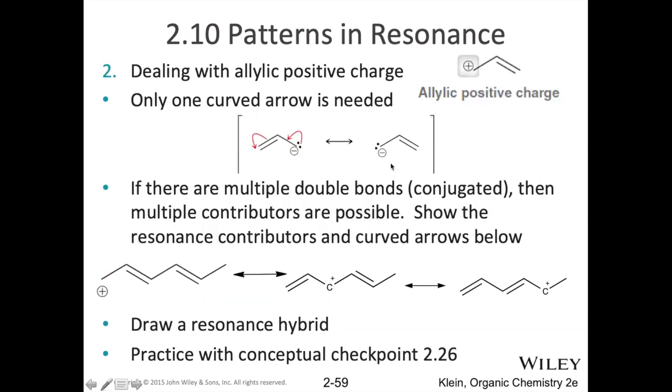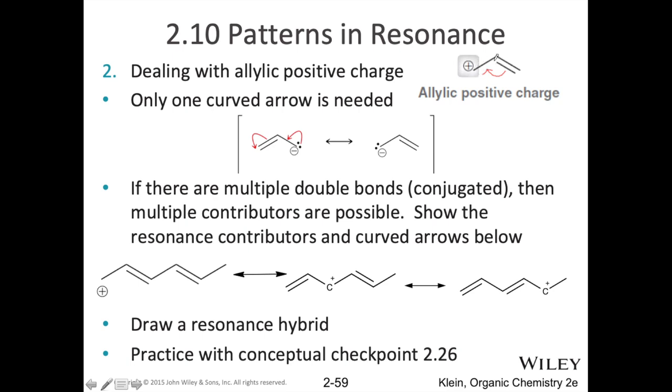Okay, just like with allylic lone pairs, we can do this with positive charges in an allylic position. Now, here, there's going to be only one curved arrow. So what's going to happen is your pi electrons are going to move from there to here. So it's still going to move to a bond. You're still going to form a double bond.